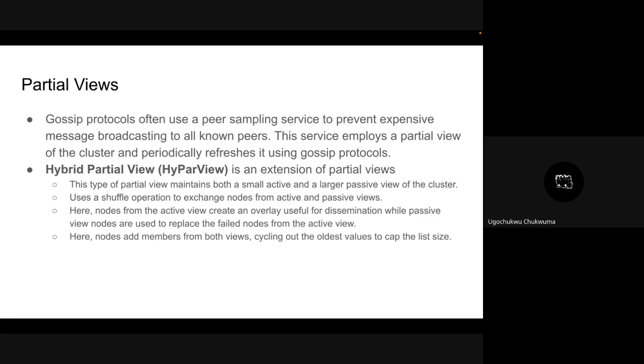It can talk with other nodes because it maintains a passive view, which is basically a larger view of the system. Because it maintains that larger view, it's also easier to send messages to the entire system.